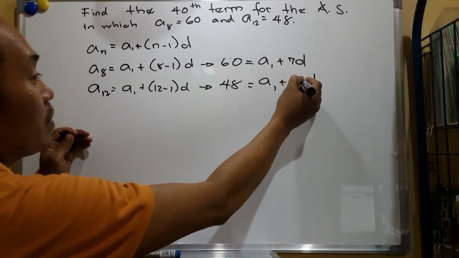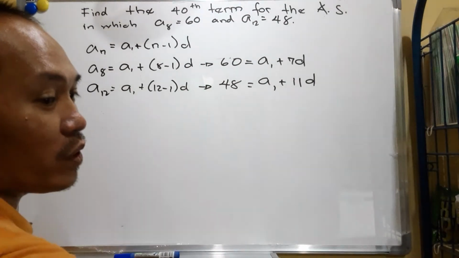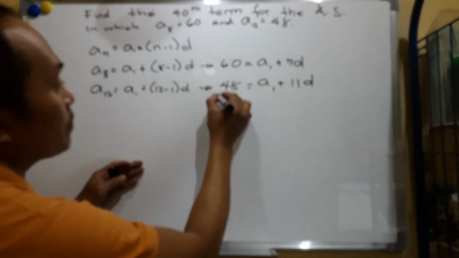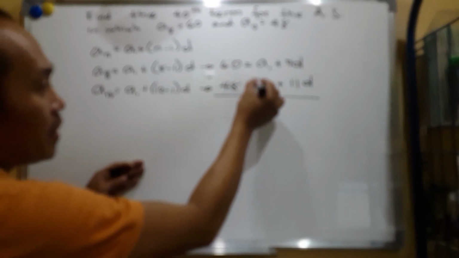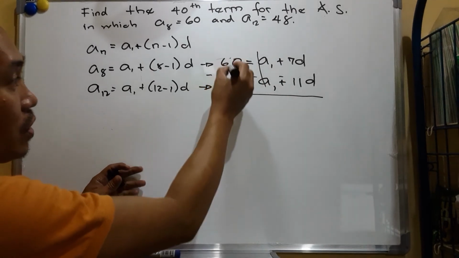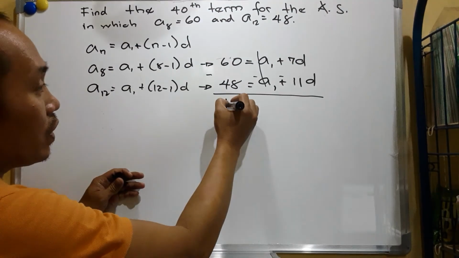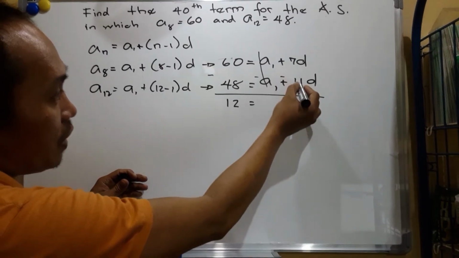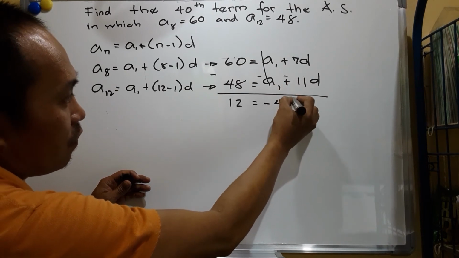So, subtract the second equation from the first equation so that we can solve for d. Subtract, and change the sign, so a sub 1 cancels. 60 minus 48 is 12. The a sub 1 cancels, so 12 is equal to negative 4d, since 7d minus 11d is negative 4d.